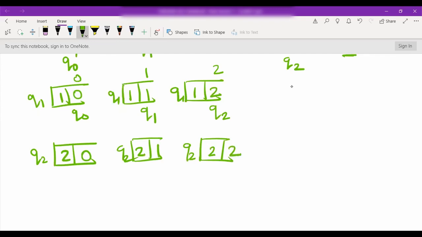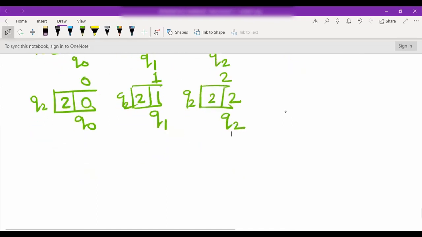It is divisible by 3, going to the resultant state Q0 with the remainder 0. Q2 with the next bit as 1 is your number 7. Number 7 is generating resultant state Q1, leaving the remainder 1. 2, 2 is number 8 with the remainder 2, going to the state Q2. So here we have to consider whether any new state is generated. No new state is generated. So we will stop generating the tape method.